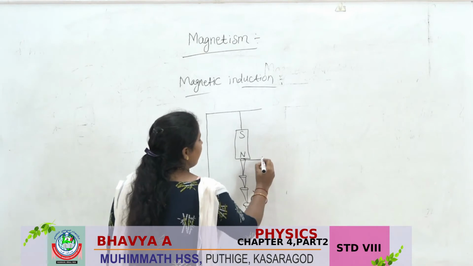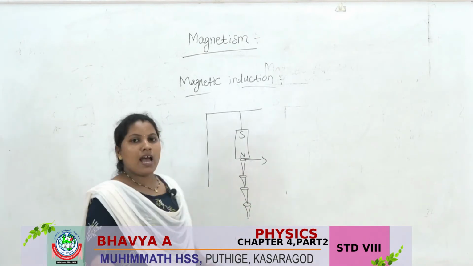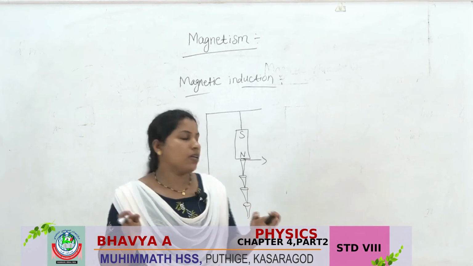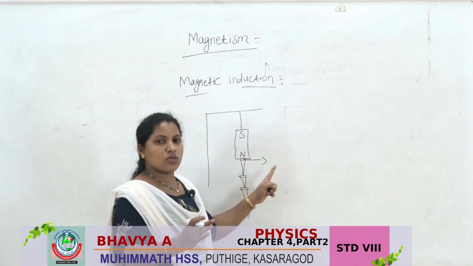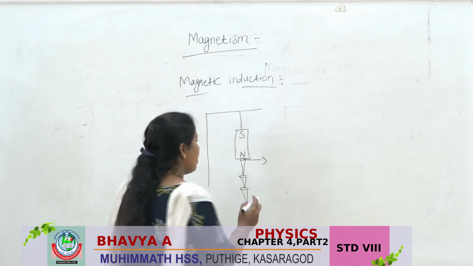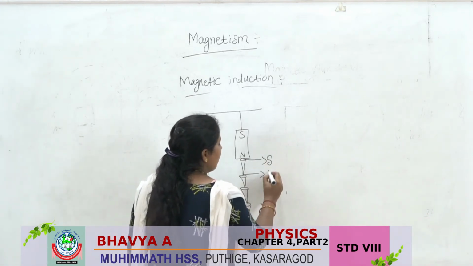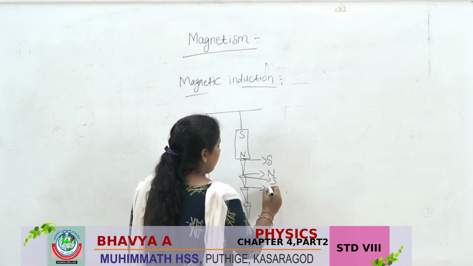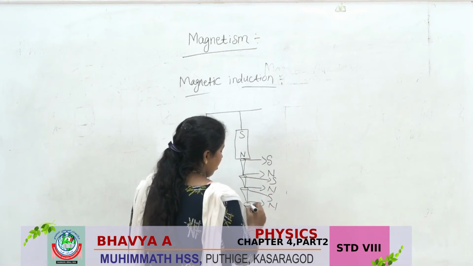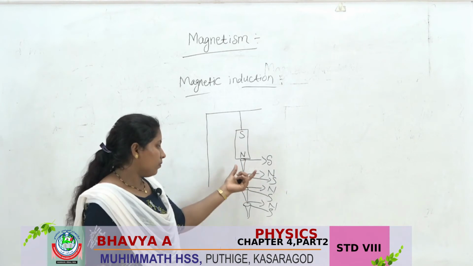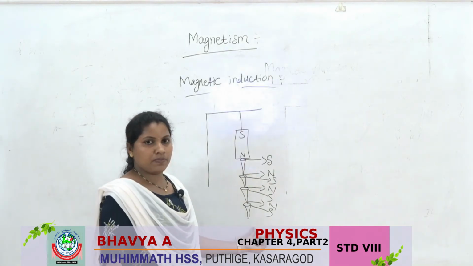You know that unlike poles attract and like poles repel, so they are attracted here. This pole is converted into a south pole, then this tip is converted into a north pole, this south, this north, this south. Like that the poles change continually.